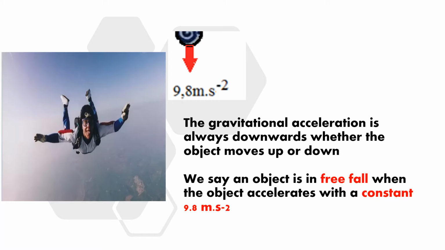Gravitational acceleration is always downwards, whether the object moves up or down, and it has a constant value of 9.8 meters per second per second. Now, we say that an object is in free fall when the object accelerates with a constant 9.8 meters per second per second.